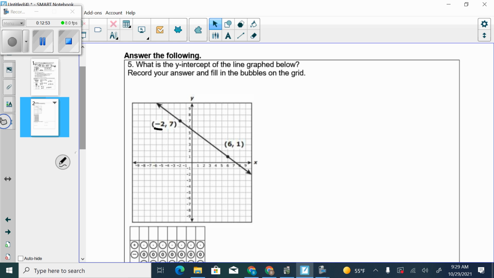So I have these 2 coordinate points that I am going to put into my lists. So x values are -2 and 6. Y values are 7 and 1. So we're just going to type these into our calculators like we just did on the previous problems.